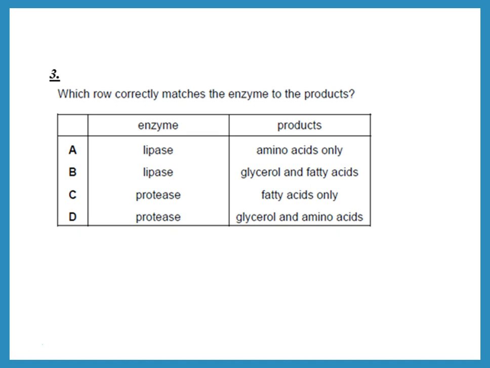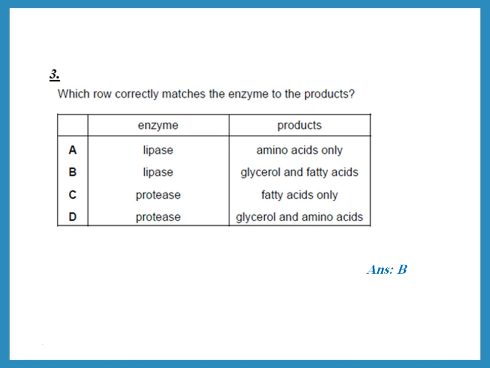Which row correctly matches the enzyme to the product? Okay, so he has lipase. Remember, lipase is an enzyme that acts on what? You should remember lipase is an enzyme that acts on fats. It breaks down fats into what? Fatty acids and glycerol. Lipase breaks up fats into fatty acids and glycerol. It doesn't produce amino acids because amino acids come from proteins.